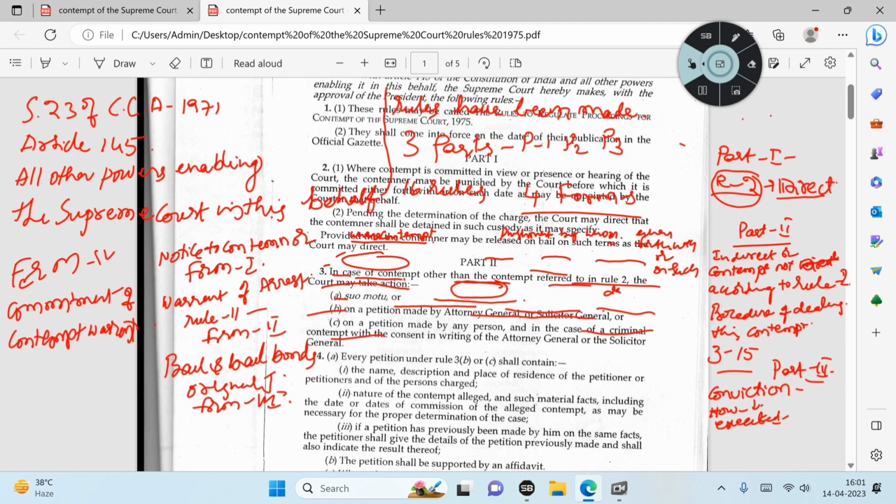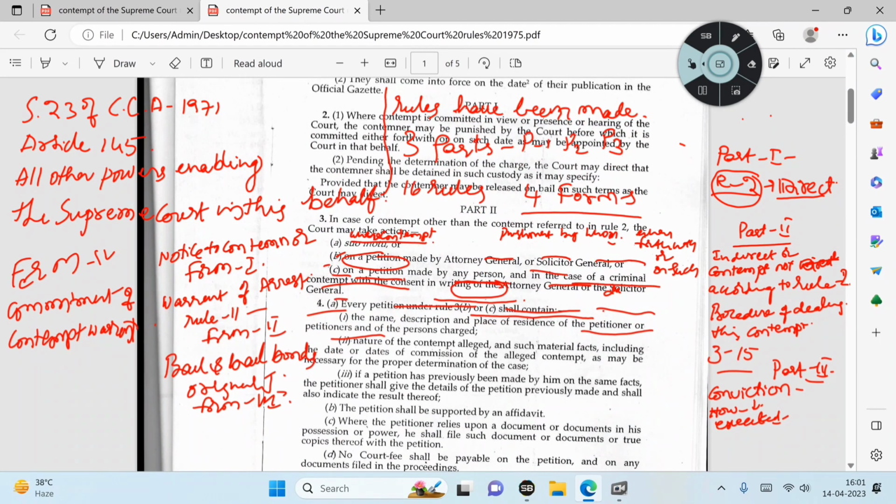One is the name, description and place of residence of the petitioner or petitioners and of the persons charged. Simply, it is called a cause title.